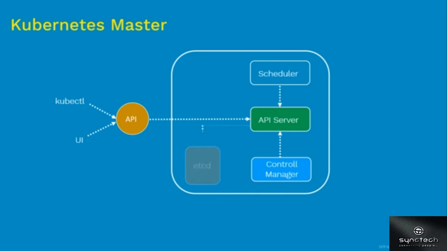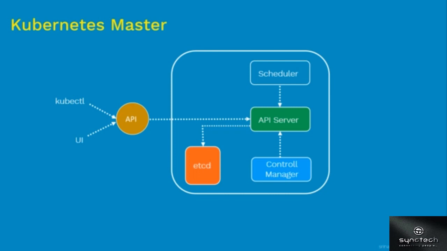Finally, etcd. At the bottom, you're seeing what is called etcd. etcd is a distributed key value lightweight database. It is developed by CoreOS. It is a very popular distributed key value database. So etcd in Kubernetes is going to be the central database to store the current cluster state at any point of time.